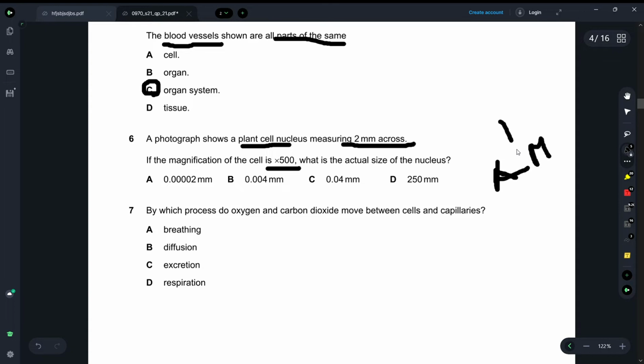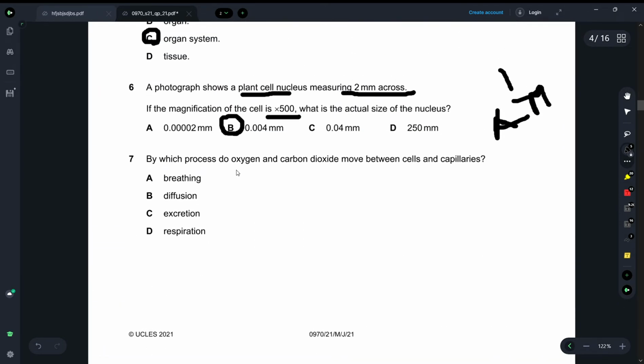To find the actual size, we must divide the image size by the magnification. The image size is 2 millimeters, so we do 2 divided by 500, which is the magnification, and you get 4 times 10 to the power of -3. So it's B for question 6.